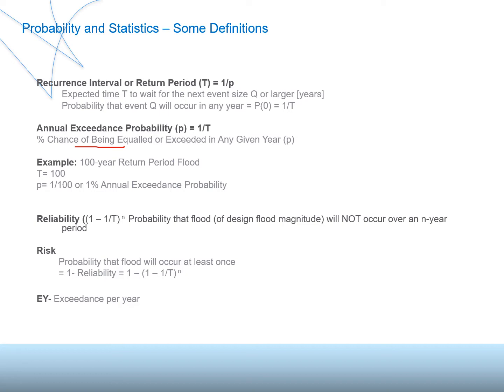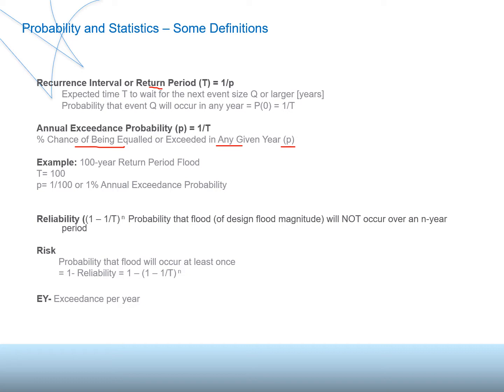So it can be rainfall being 100 millimeter or more, or a stream flow being 50 meter cube per second or more. The annual exceedance probability in any given year is defined by P, and that equals the inverse of the return period. The return period is the expected time to wait for the next event.